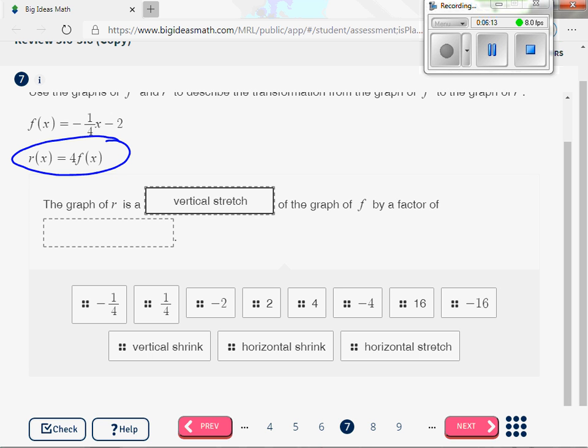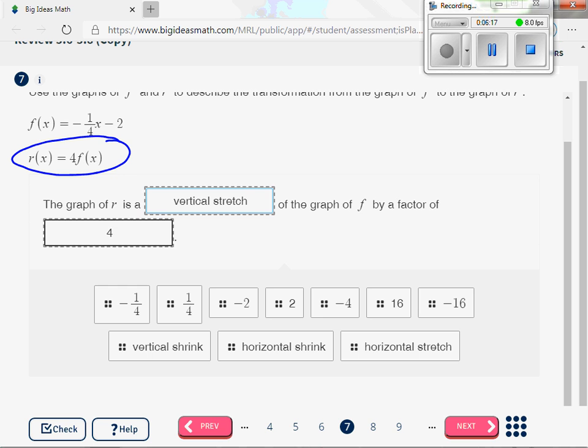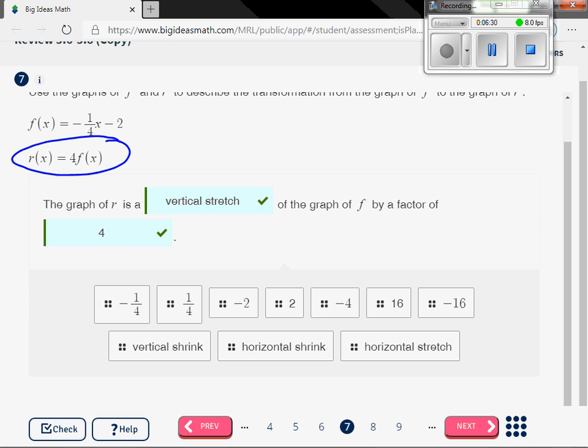If it's greater than 1, it's a stretch, and this one is a stretch by a factor of 4. If it's between 0 and 1, if it's a fraction, then it would not be a stretch, but a shrink. Questions on this here?